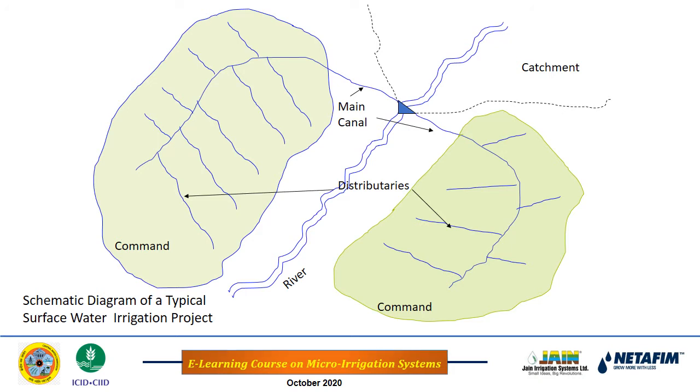And there are main canals, then there are further distributaries, and there would be further distribution of the canal system. And similarly, if it is a pipe system, these canals would be replaced by a set of pipes which would be carrying water from this and then delivering to the fields and the command.